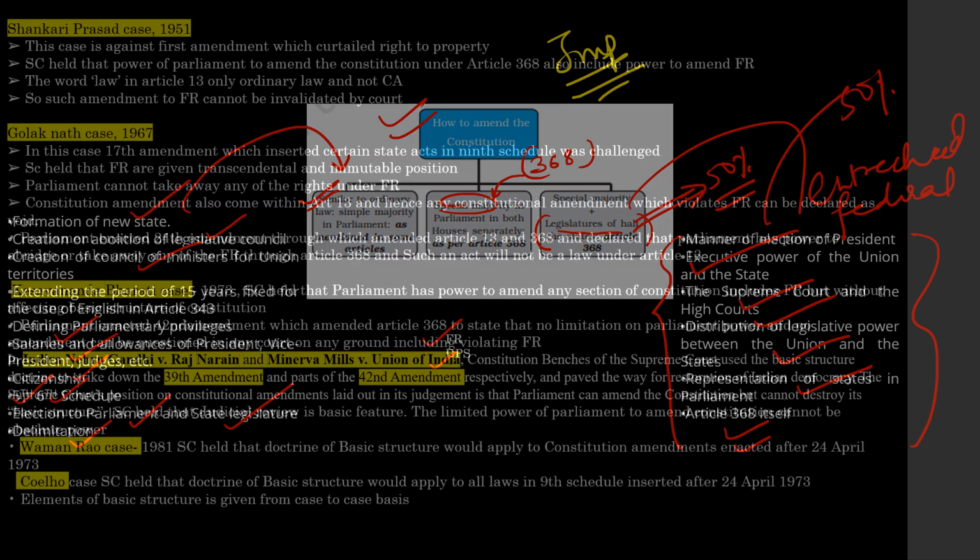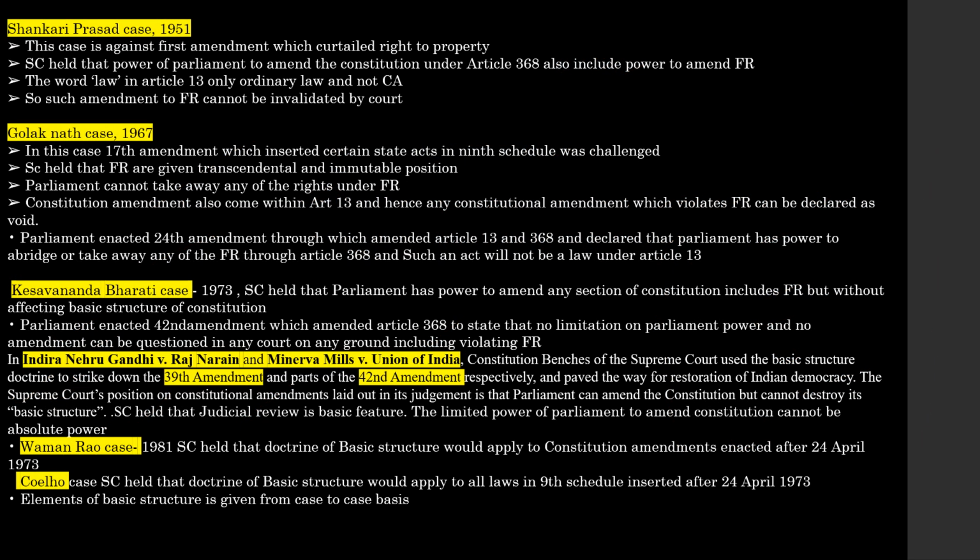Next, what can come? So, evolution of the basic structure doctrine. In the evolution of the basic structure doctrine, the Shankari Prasad case is very, very important. This case was against the first amendment of the constitution, which curtailed the right to property.